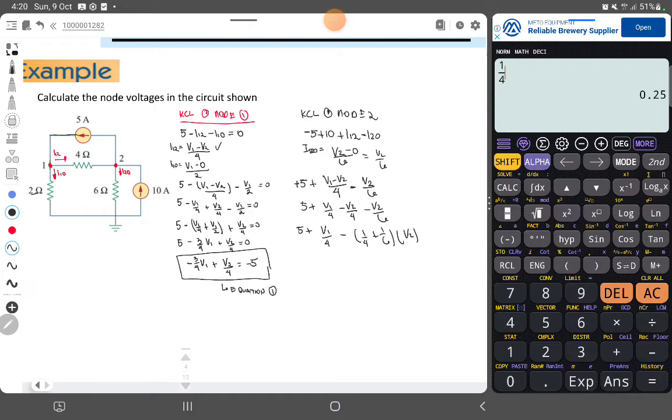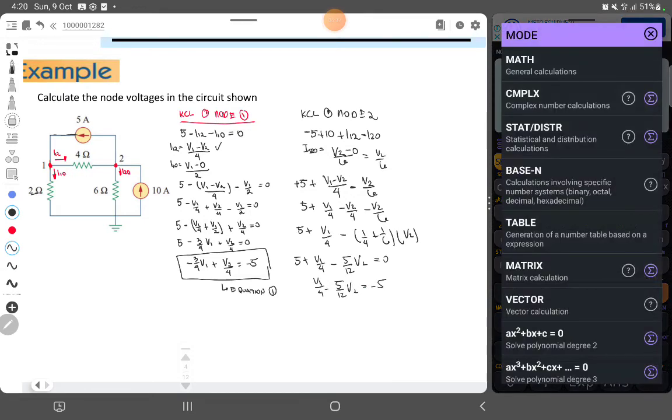So 1/4 plus 1/6, I have 5 over 12. So 5 plus V1 all over 4 minus 5 over 12 V2 is equal to 0, or V1 over 4 minus 5 over 12 V2 is equal to negative 5.